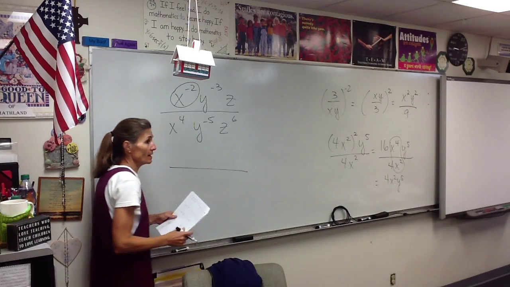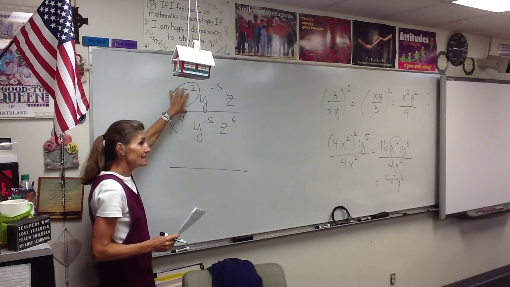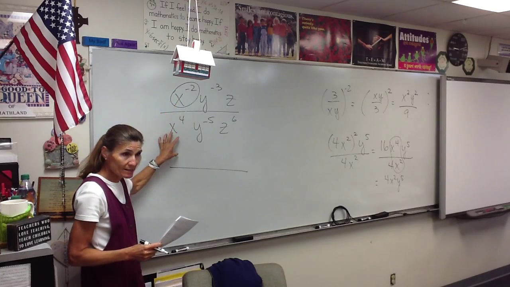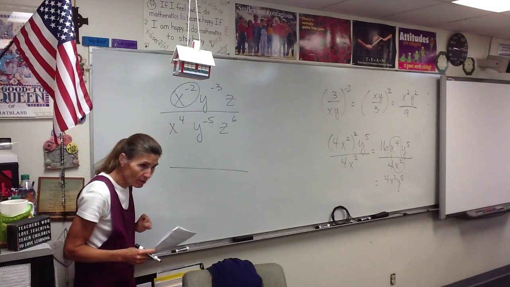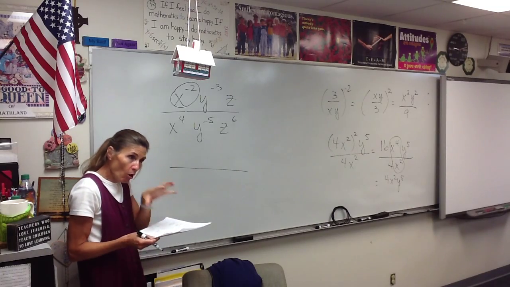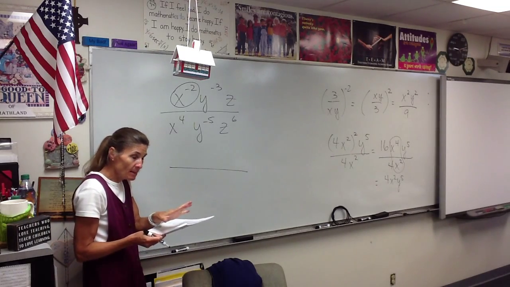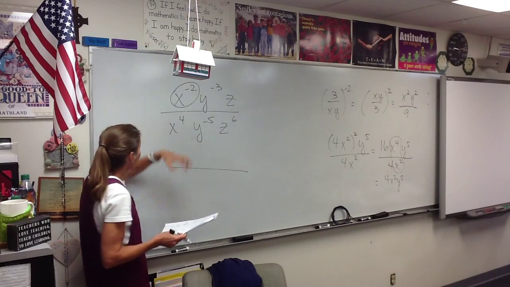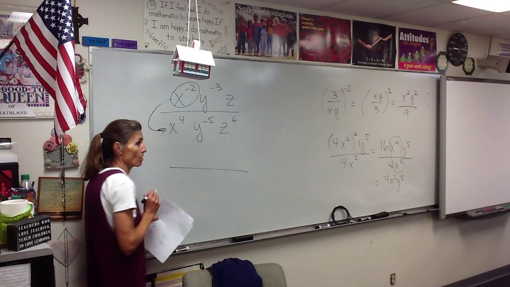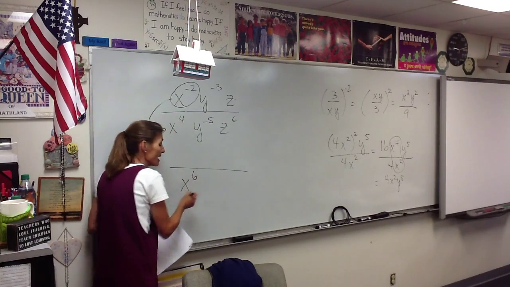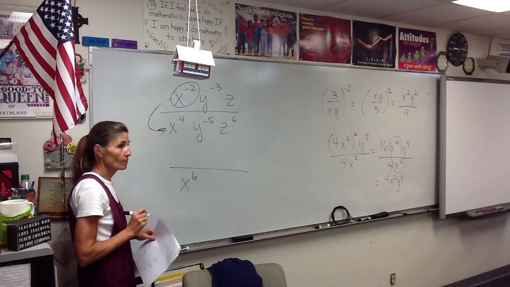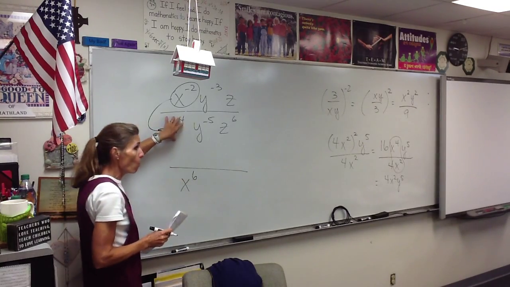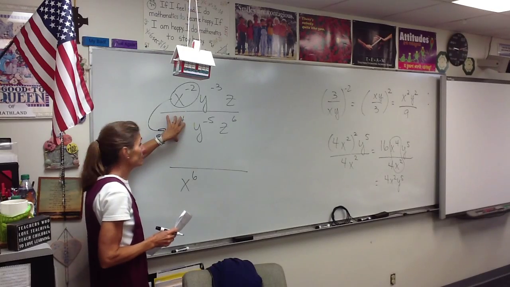But now wait a minute. I'm bringing down 2 x's, but there's already 4 down there. So if I already have 4 in the denominator, and I bring down these 2 more, I'm going to have x to the 6th. There were 4 down here already.